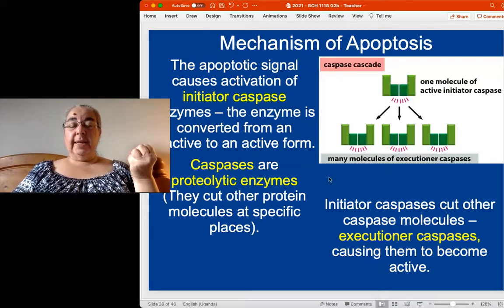So caspases belong to the class of enzymes called proteolytic enzymes. In other words, they are enzymes which can cut protein molecules at specific places. So the initiator caspase cuts the executioner caspases, and this cutting converts the protein structure of these enzymes from an inactive form to an active form.